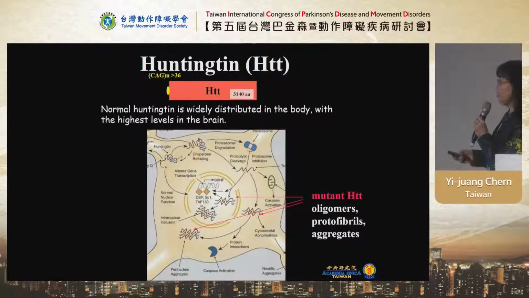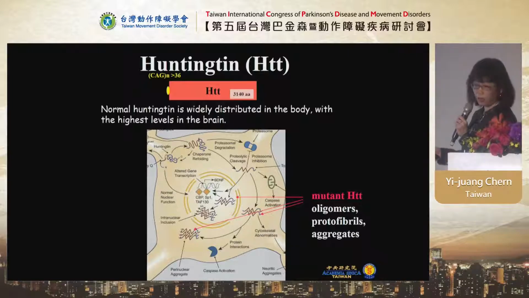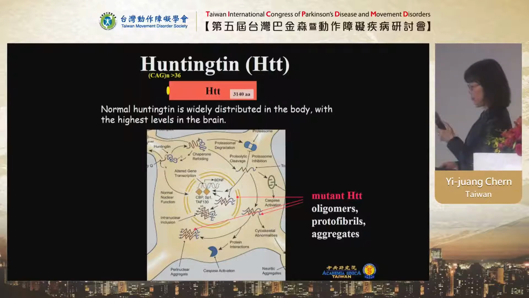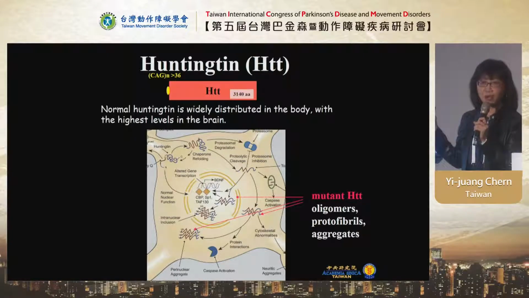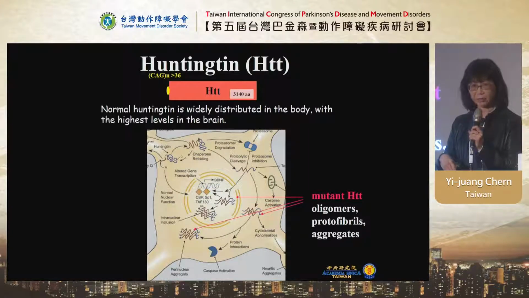Huntington disease. Of course, we don't have to introduce it in this talk. But I do want to mention that, except in neurons, mutant huntingtin is actually expressed in 22 different tissues. As Chongmei just told us, the most promising clinical trial at this time is antisense oligo.